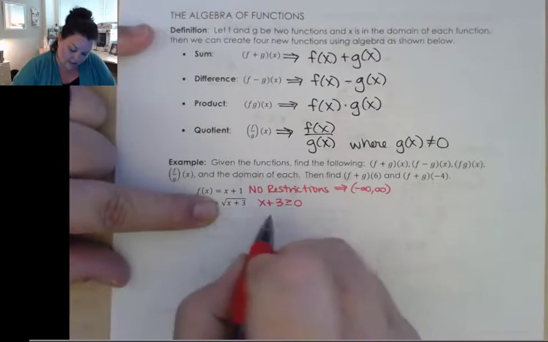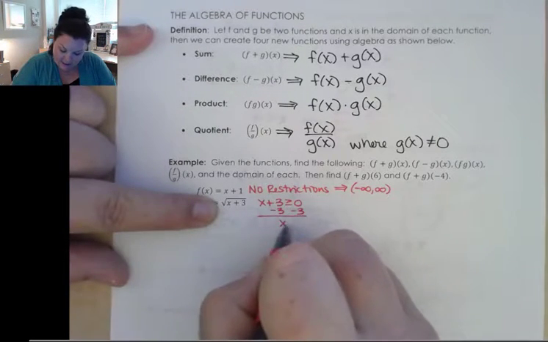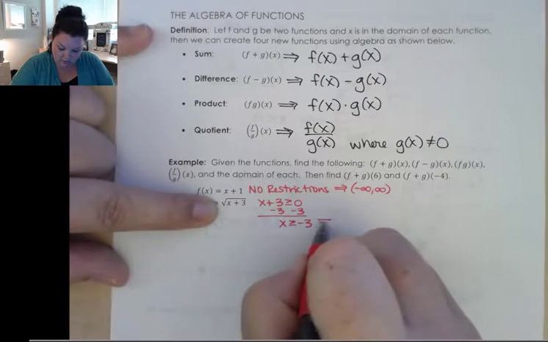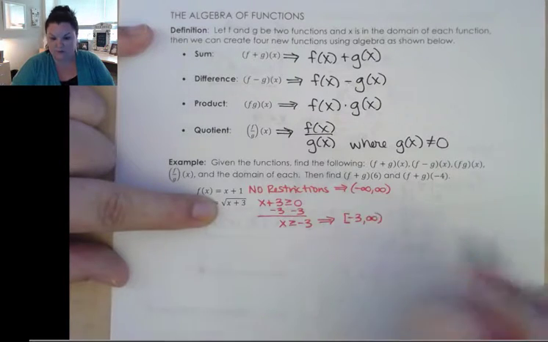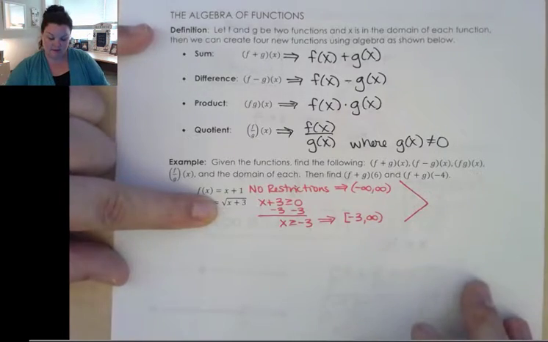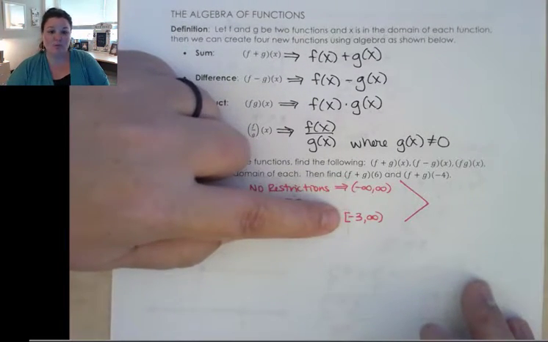If I solve this, I move my 3 to the other side, that tells me that x has to be greater than or equal to -3. Or if I write it in interval notation, that'd be from -3 to infinity. Looking at my two domains here, this one can be anything. This one can be -3 or bigger.